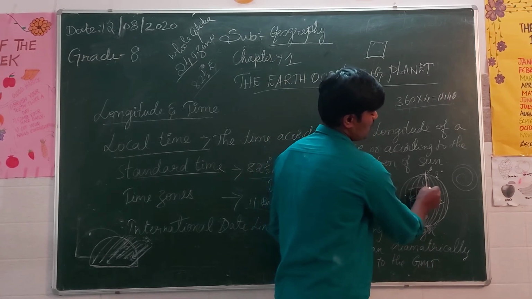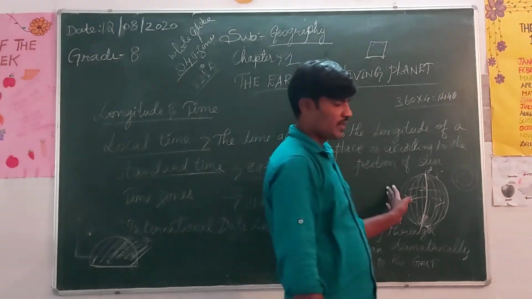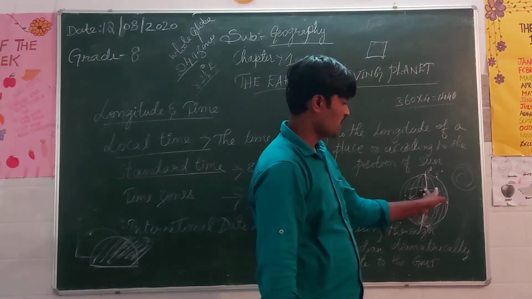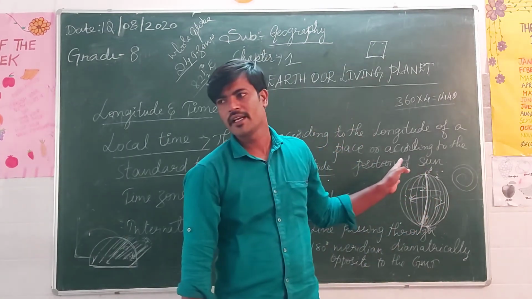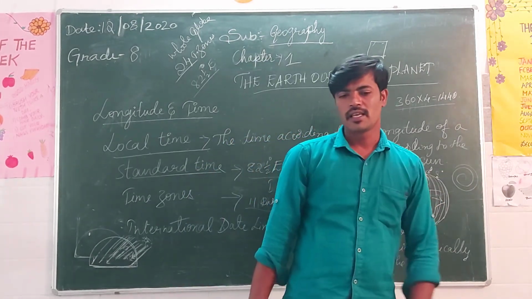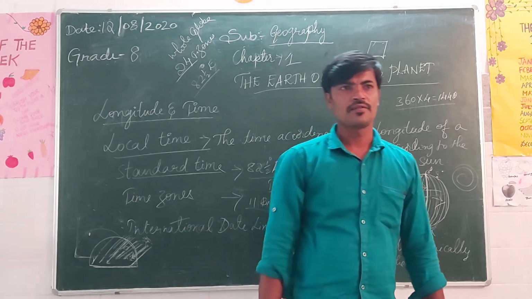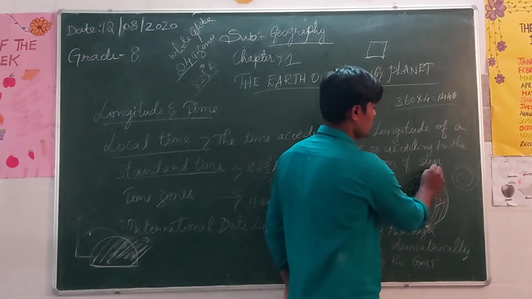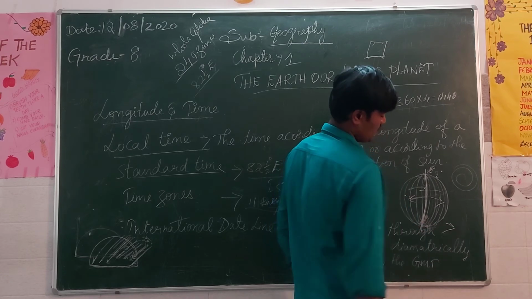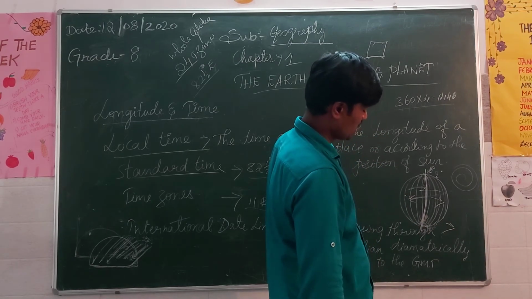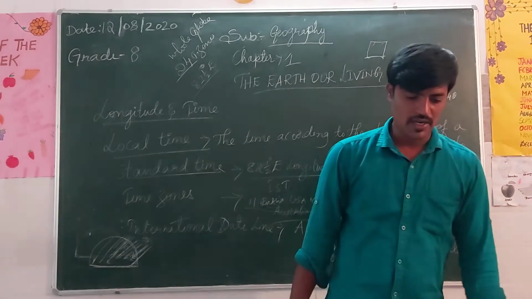The people in the west lose their time, and those who travel towards the east, after they cross the 180 degree, will gain the day. So in order to avoid the confusion, based on the 180 degree meridian, they have fixed the same date for everybody. That is the international date.